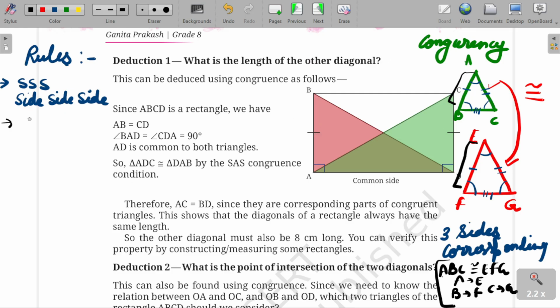Second rule is SAS. SAS means side, angle, side.